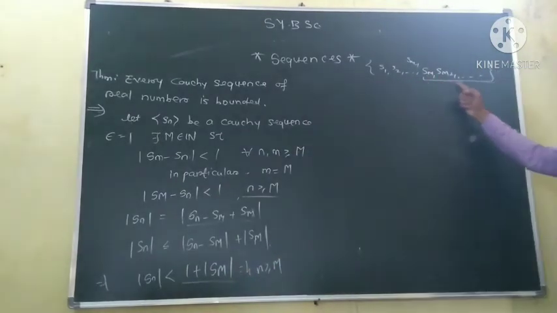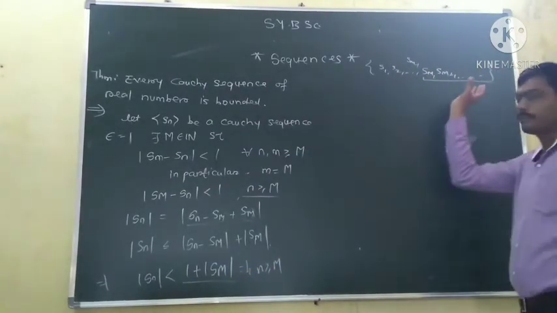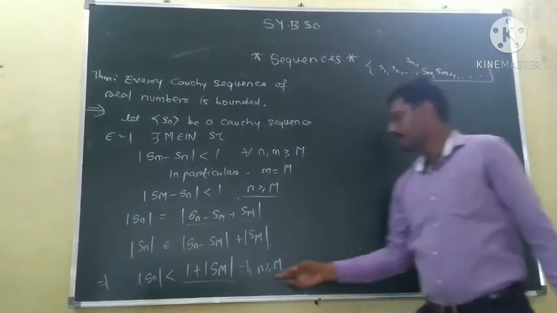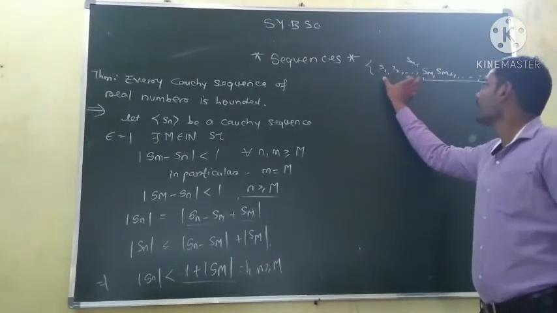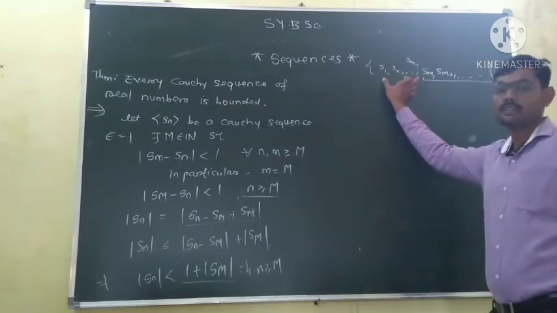So from this SM, all the elements are bounded by the quantity h. Now we have to only focus on the previous M minus 1 elements of the sequence.